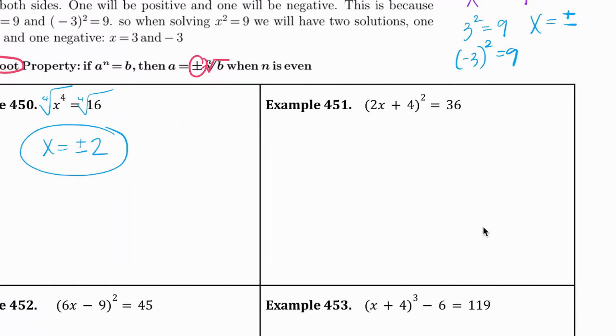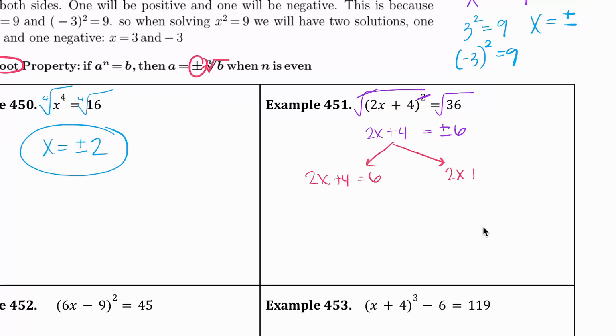On 451, I'm going to take the square root of the left side, square root of the right side to undo that power of 2, and I get 2x plus 4 equals plus or minus 6. Okay, so here I'm going to just split this up into two equations. I could have 2x plus 4, we said it could be positive 6.